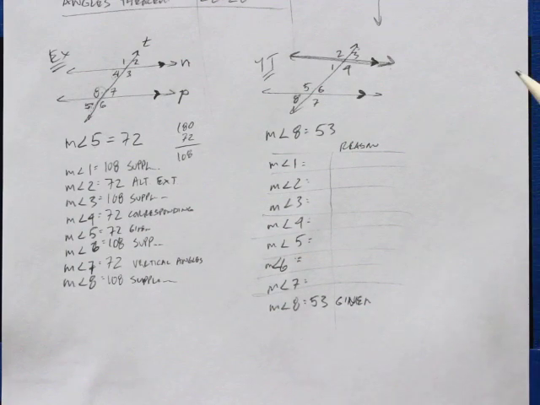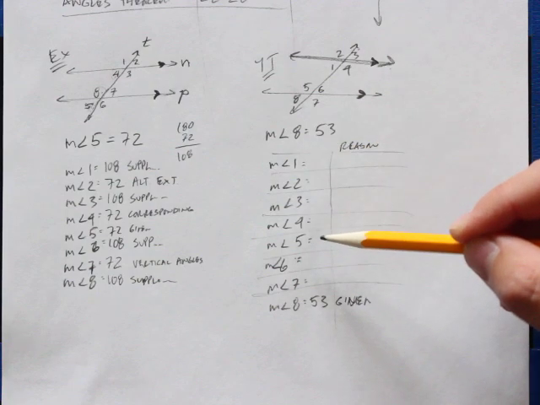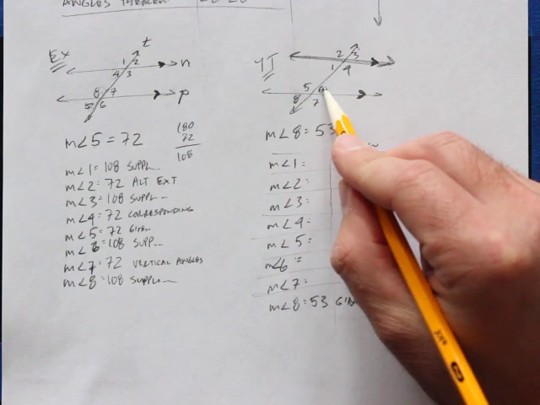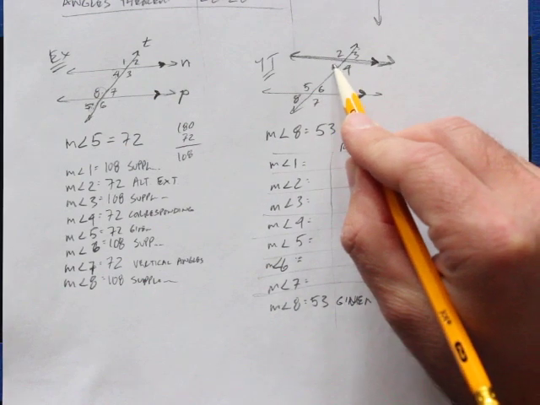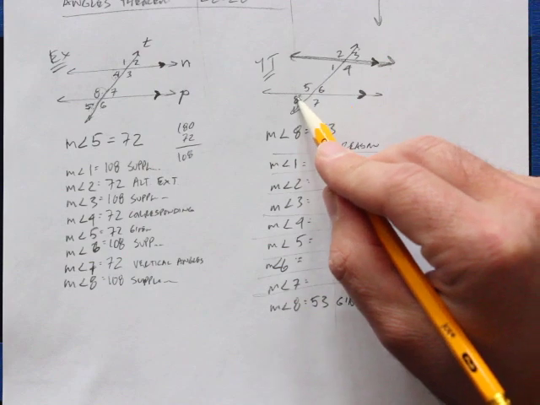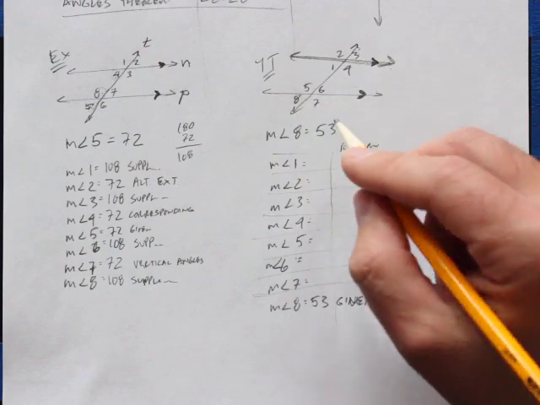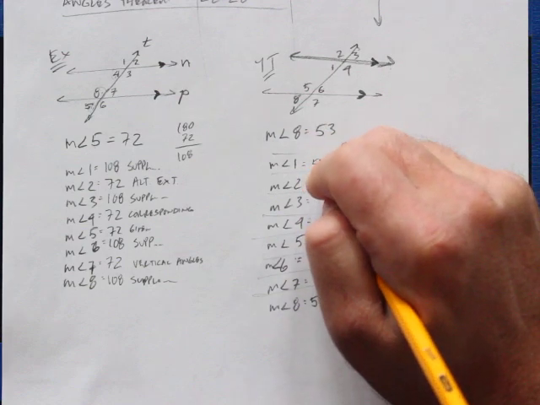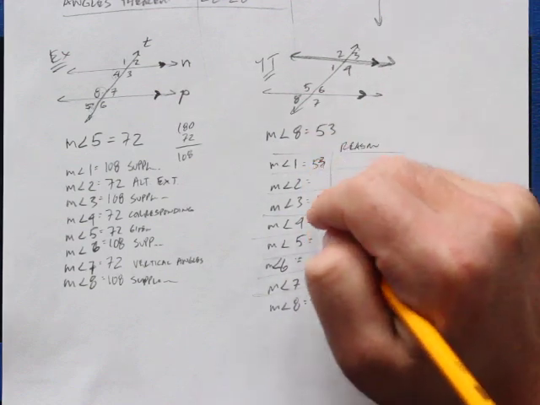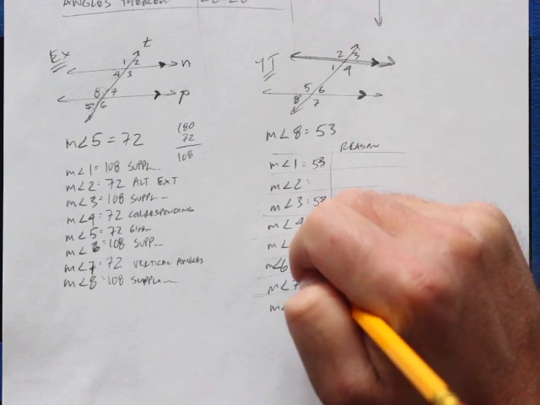Okay, welcome back. I'm going to fill in all of these numbers kind of quickly here. So 8 and 6, these are vertical angles. 1 and 3 are corresponding to those vertical angles. So 8, 6, 1, and 3 are all the same, 53. So 1 is 53 degrees, 3 is 53 degrees, 6 is 53 degrees.